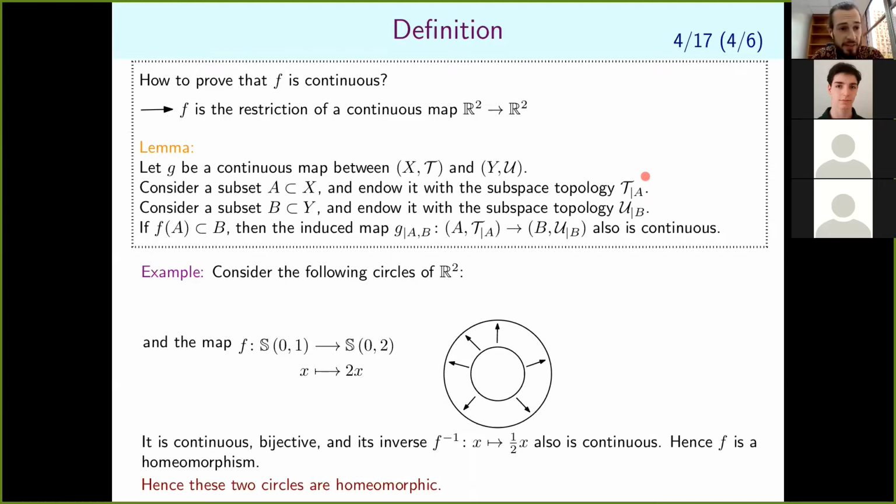Then the lemma says that if g of A is included in B, then you can consider the restriction of g, which goes from A to B. And the lemma says that this restriction is continuous. Okay, so this is how I can prove that this map is continuous. All right, this was very simple.